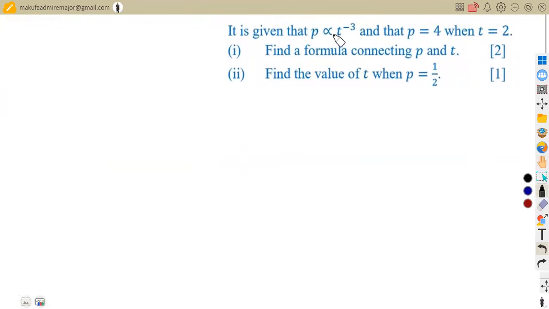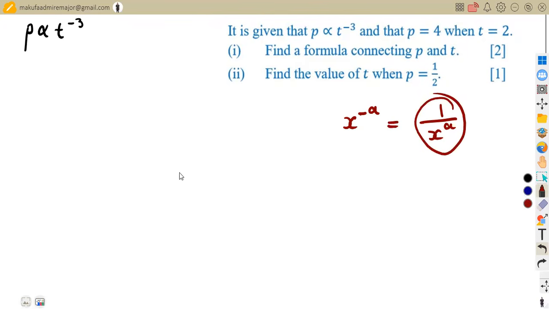It is given that P varies directly as t to the exponent of... in this manner, they wrote an inverse variation as a direct variation. Let's get back to our exponents. Exponents, indices: x to the exponent of minus a represents 1 over x to the exponent of a, which is an inverse.